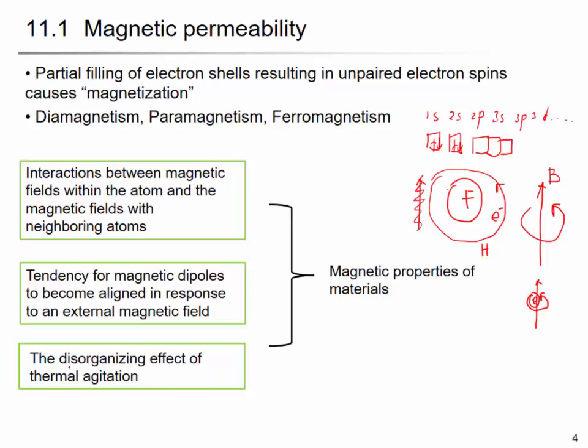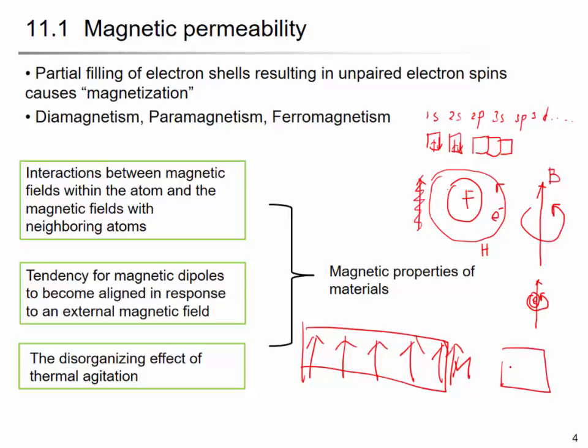So if you have unpaired electrons and they're all aligned, then this is magnetized. You can say that it's magnetized. But generally in a material, for example iron, it doesn't have the magnetic property, right?